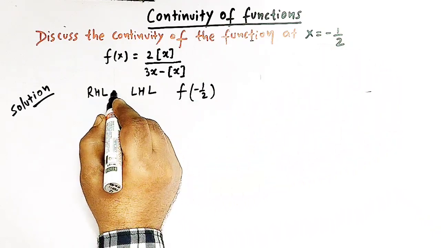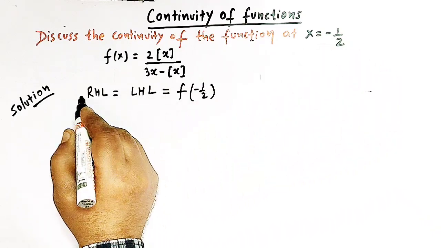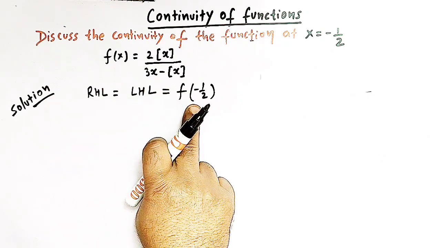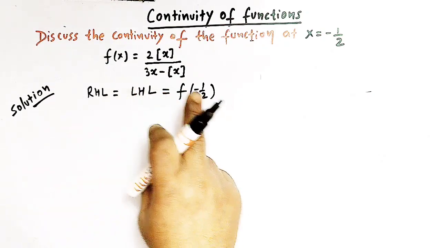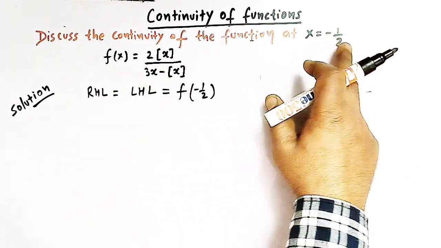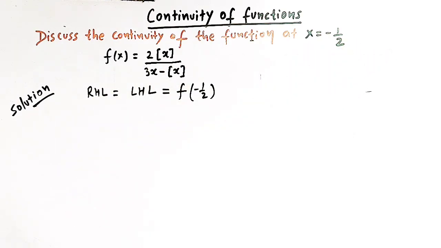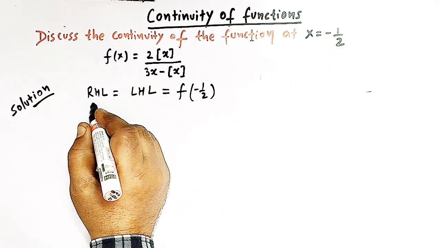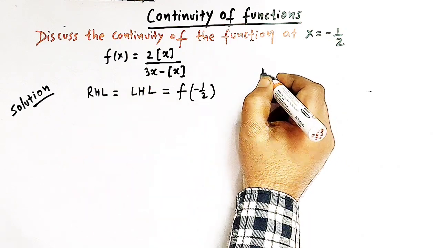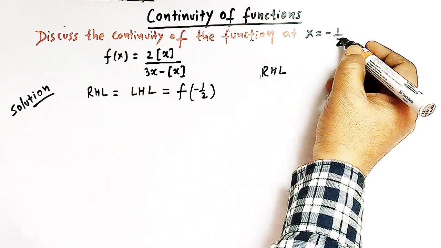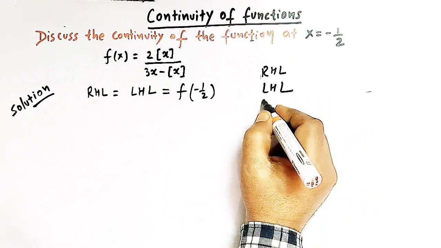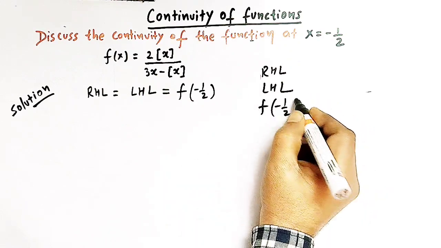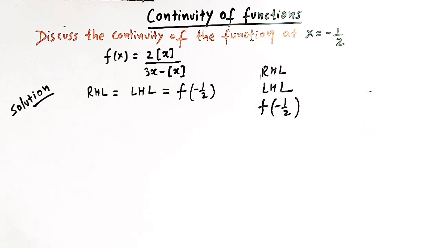If these three quantities are equal to each other, then we can claim that this function f of x is continuous at x equal to minus half, right? So we will first find the right hand limit, then the left hand limit, and then calculate the value of f of minus half.